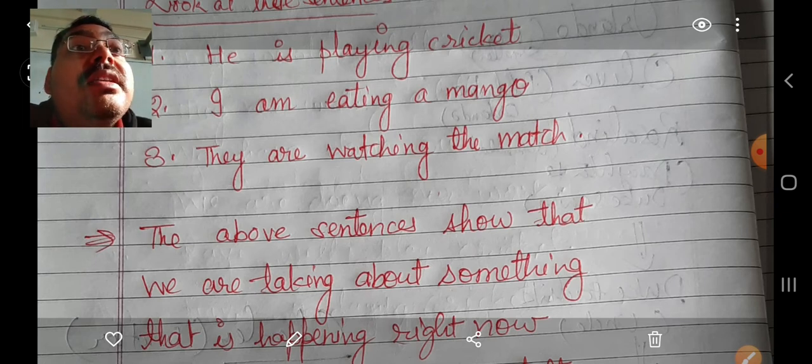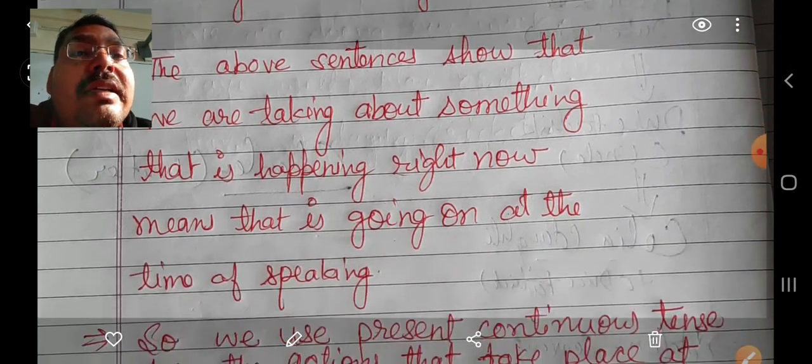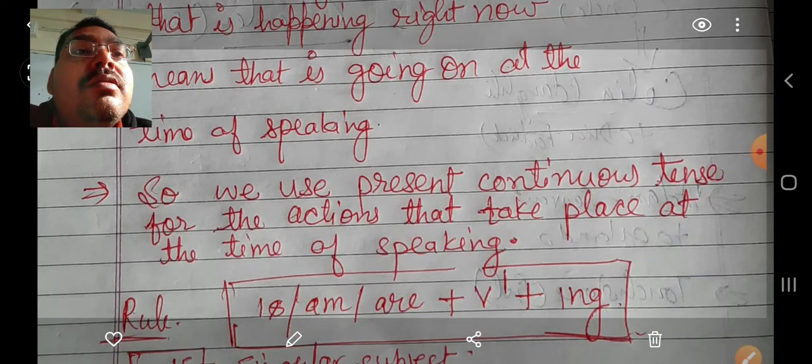He is playing cricket means he is playing cricket when I am speaking it, that at this particular time, right now, what is happening? He is playing cricket. So the actions that are happening at the time of speaking are shown by the present continuous tense.